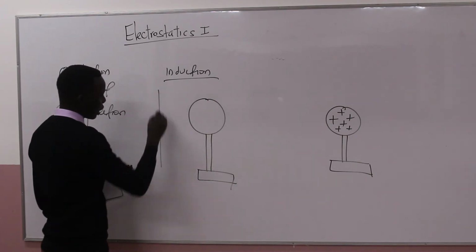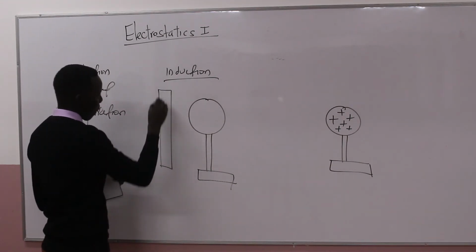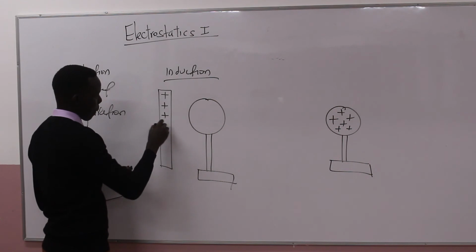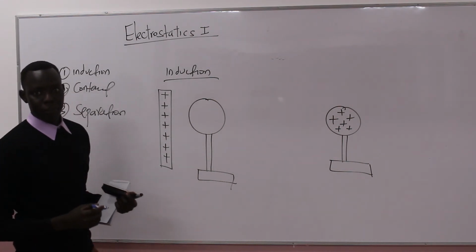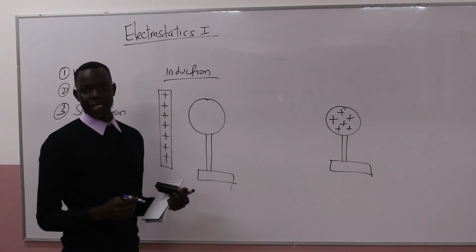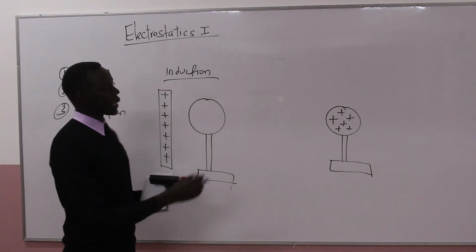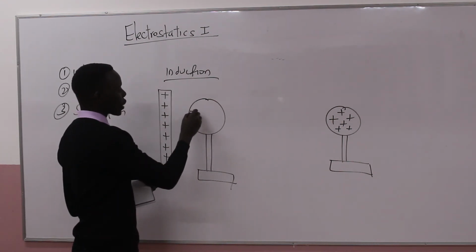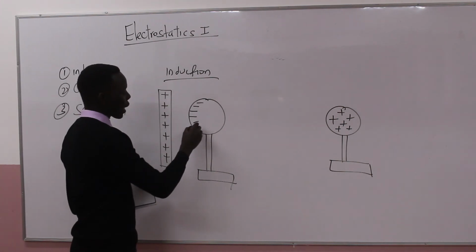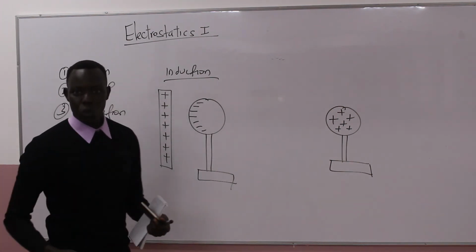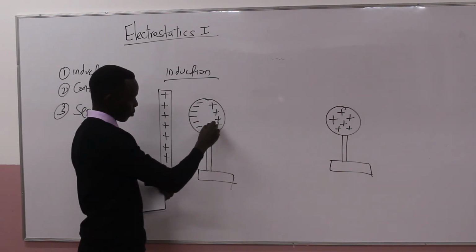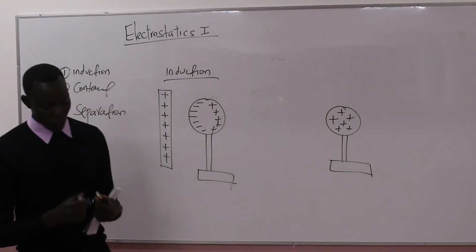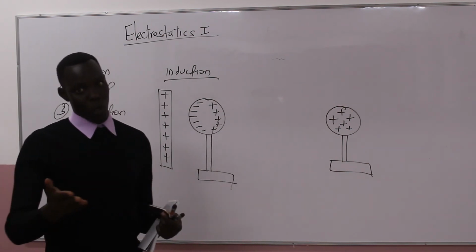Then I use a positive rod. What will happen? From the law of charges, it is going to attract opposite charges, which are electrons. Then what happens to protons? The protons are left on the far end. That's how you are supposed to explain.